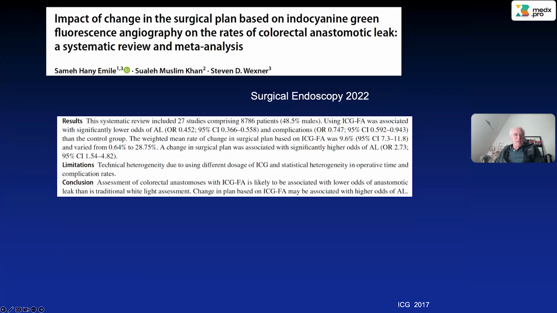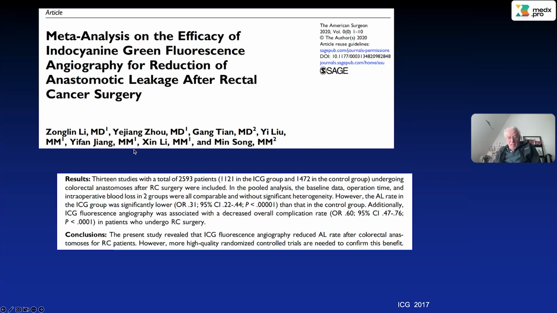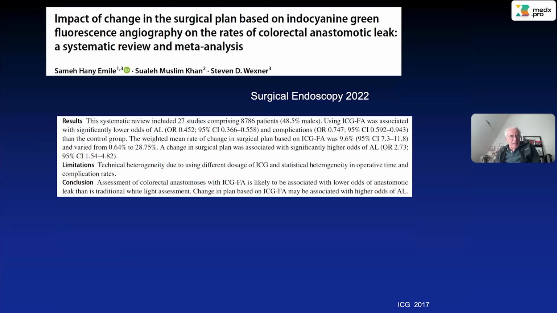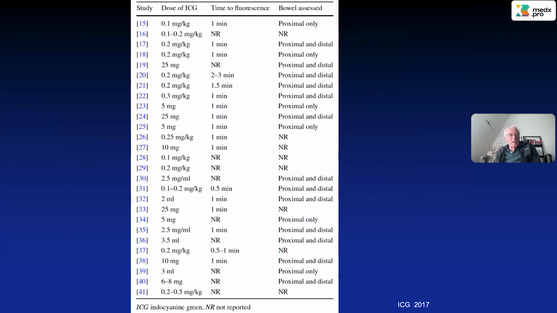And then in Surgical Endoscopy, Wexner just published this paper, which is a little bit different. In other words, they said that, first of all, the systematic review included 27 studies. It's the highest amount of studies, and they looked at the change in surgical plan and whether it influenced the leak. It was very difficult to perform because there was a lot of heterogeneity due to the differences in the dosing of the ICG.